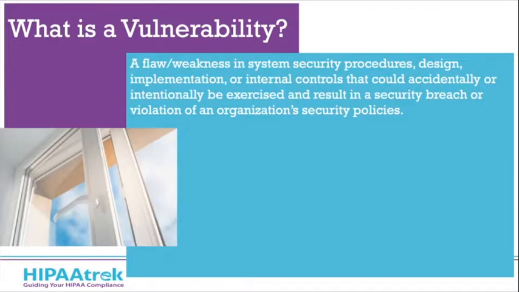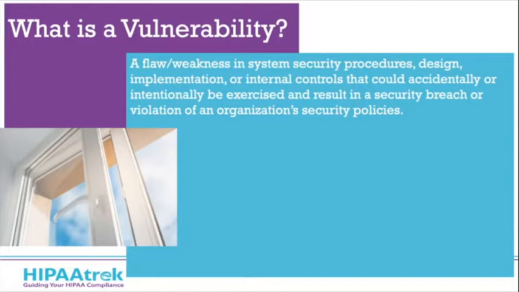The first one is a vulnerability. If you think about a house, a vulnerability is any point of entry that somebody who's not supposed to be inside your house can get into. It's a flaw or a weakness in your security design. It can be a window, a door, a hole in the wall, anything that can help somebody get in.